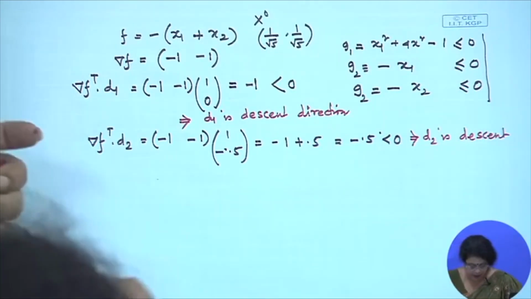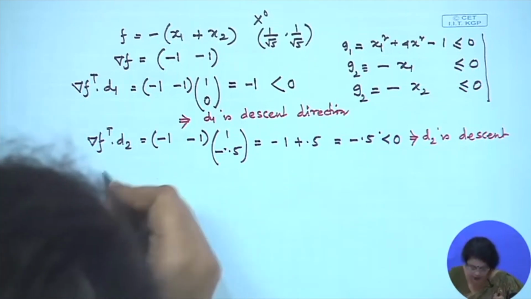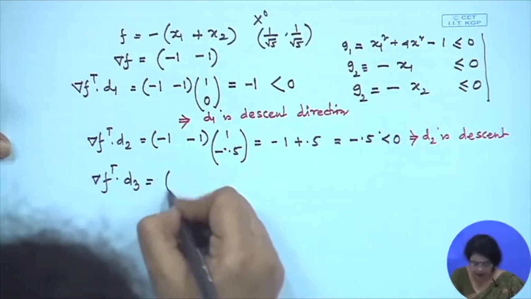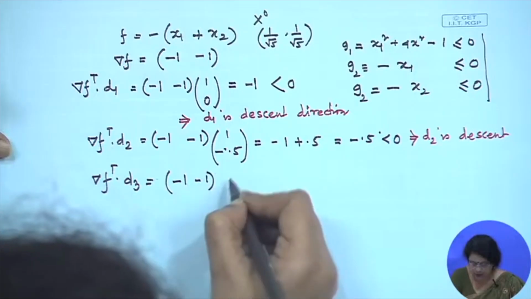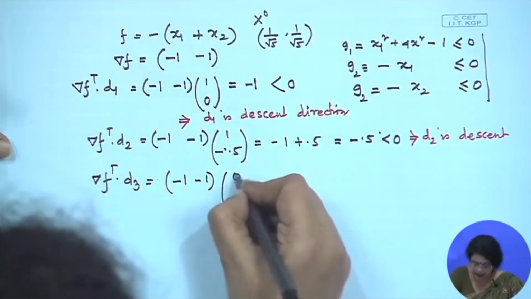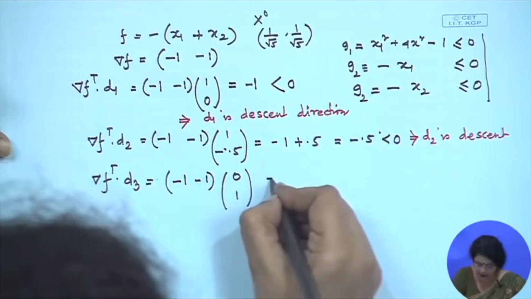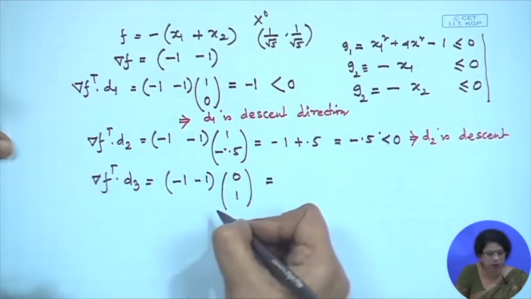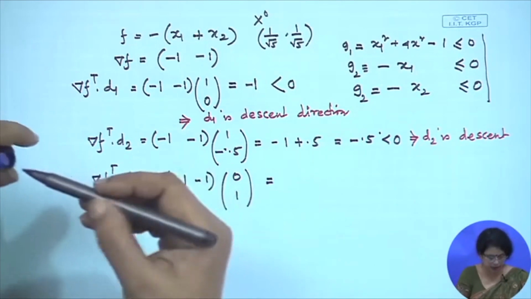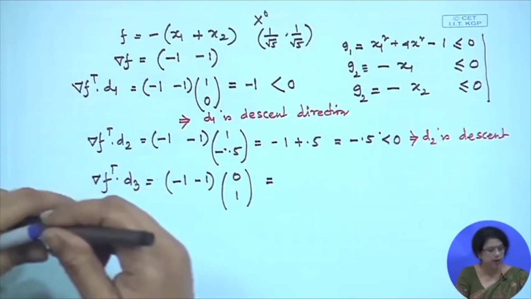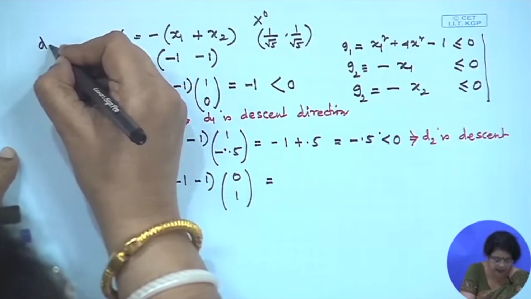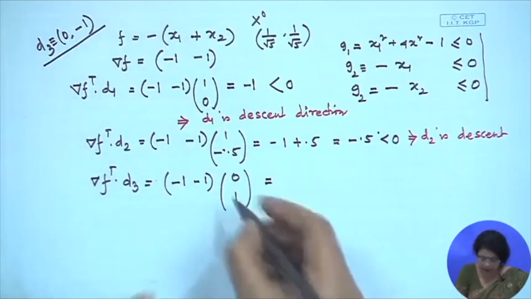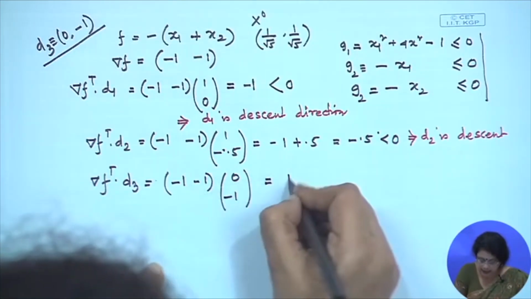All right. Now, if I do further calculation for d3, grad f dot d3: (minus 1, minus 1) and (0, minus 1), because d3, please consider d3 as (0, minus 1), not (0, 1), all right. (0, minus 1), if we consider, this is becoming 1.